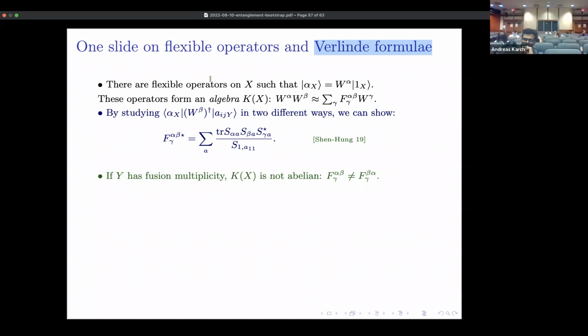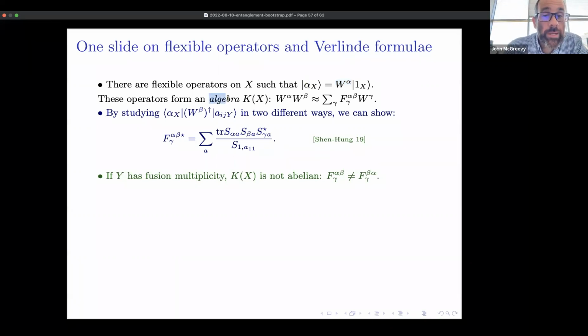So it's possible to show using the axioms that on a given region there's a set of flexible operators, meaning that you can deform them freely within the region, which create from this reference state the state on the pairing manifold associated with an arbitrary extreme point of X.